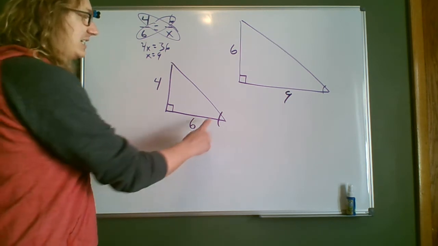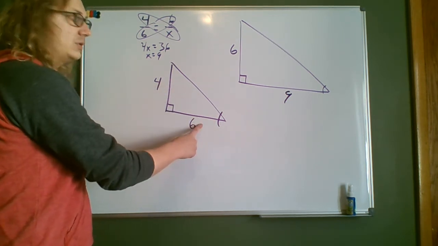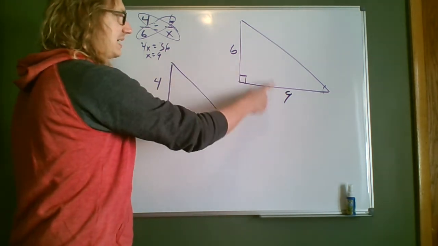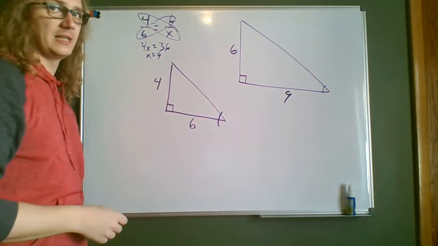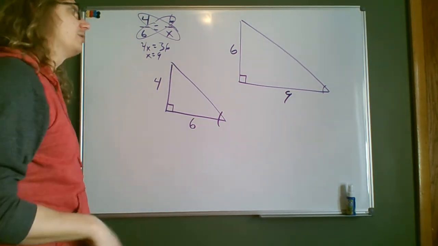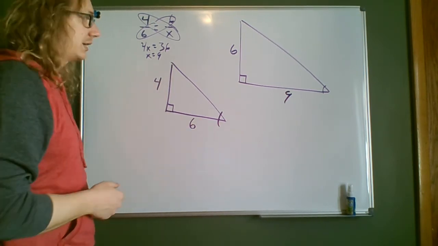And as long as this is the angle measurement, the ratio of these two sides will stay the same no matter how big or small the triangle gets. The ratio from side to side inside the triangle stays the same. So we'll talk about that when we get to trig. So keep that rattling around in the back of your brain, because that's how we're bridging the gap between what we're working on now and what we'll be working on later.